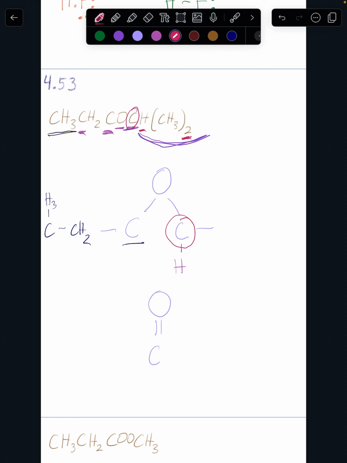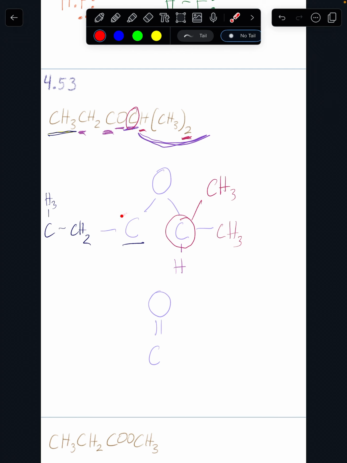Okay, that's important, because if we do it that way, then we can see that's 1, 2, 3, 4 connections there. So that makes this carbon happy.